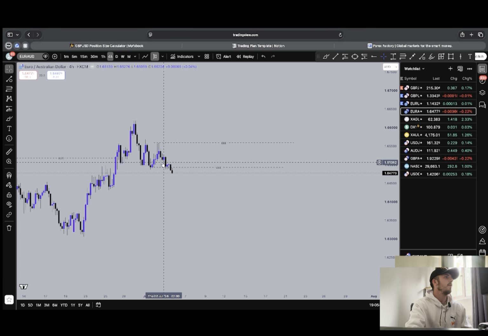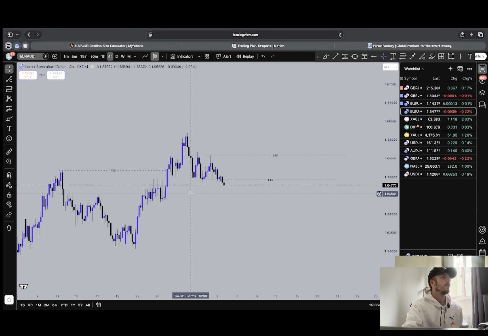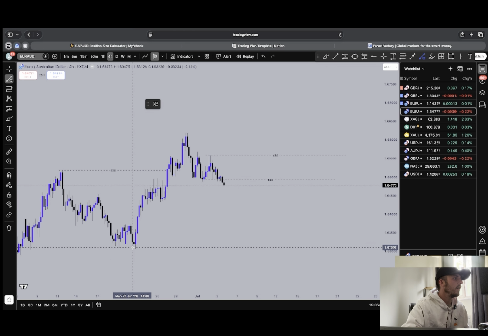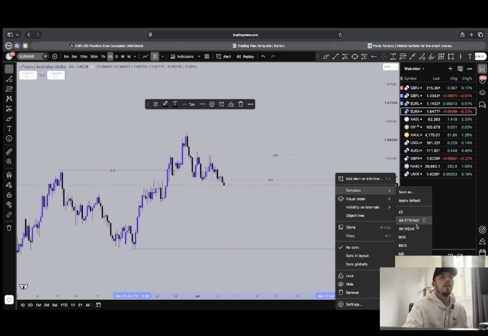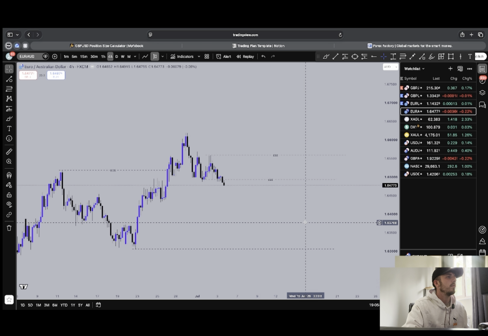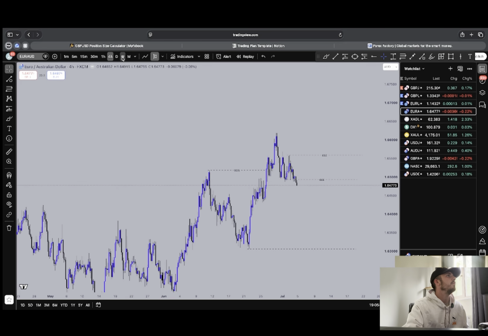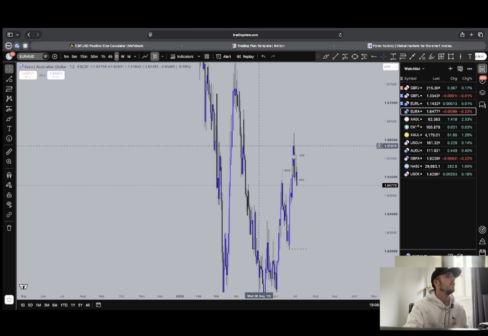On Euro AUD, we've swept the daily liquidity, previous day liquidity in the 4 hour time. I can't remember what we said it was. It was bullish, wasn't it?